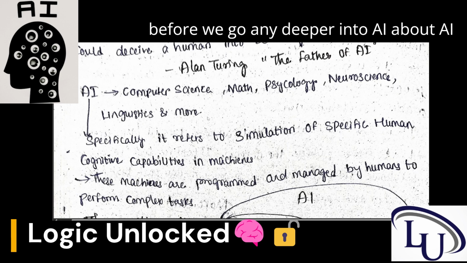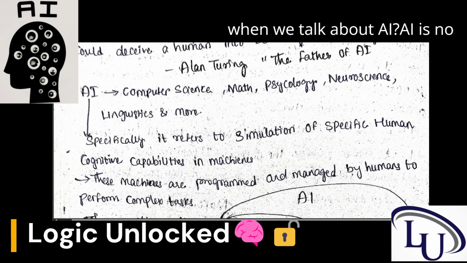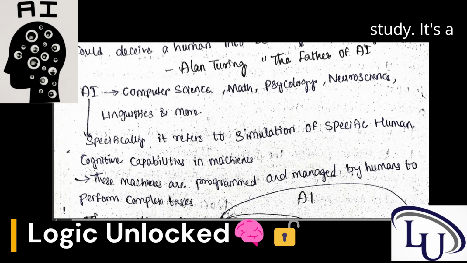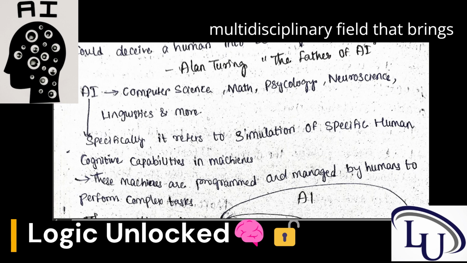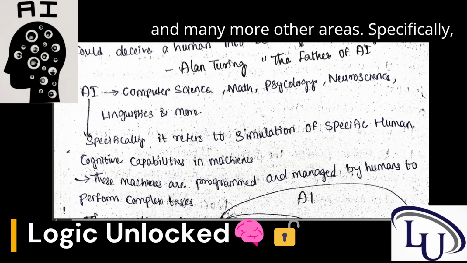Before we go any deeper into AI applications, what do we even mean when we talk about AI? AI is no longer just a cool scientific concept, but a complex and evolving area of study. It's a multidisciplinary field that brings together computer science, maths, psychology, neuroscience, linguistics, and many other areas.